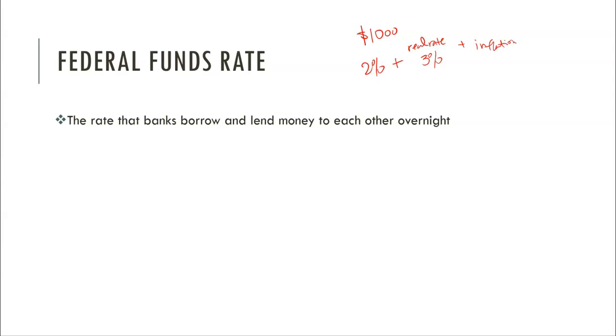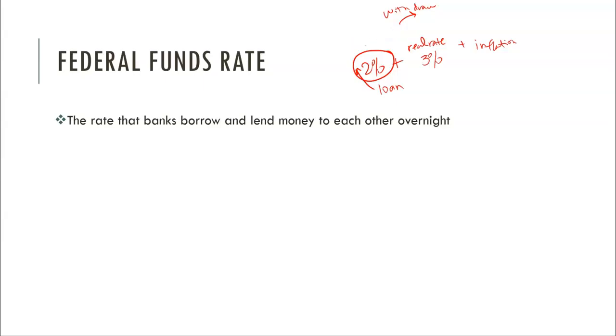I want to make sure that if my customers come and try to withdraw this money, let's say you come to withdraw your $1,000, but I've already lent it out to somebody else, I now need to get a loan from another bank or the Fed for $1,000 so that I can give you your money so you can take it out of your account. If I'm going to be paying 2%, then I'm going to charge my customers, or other banks, at least 2% on that money.